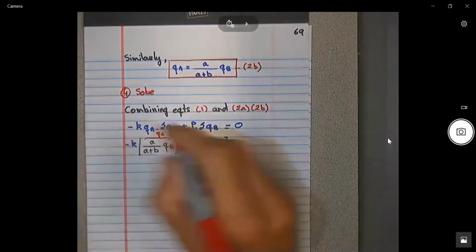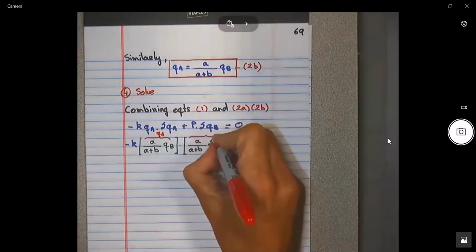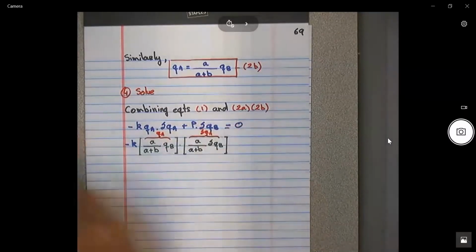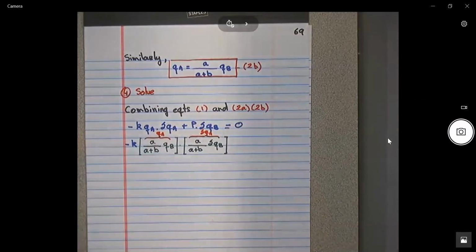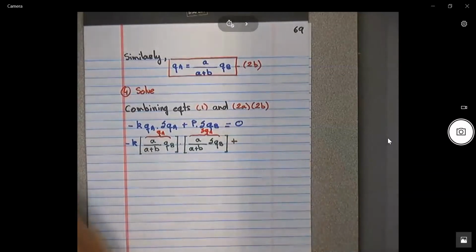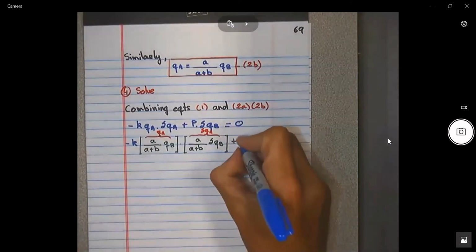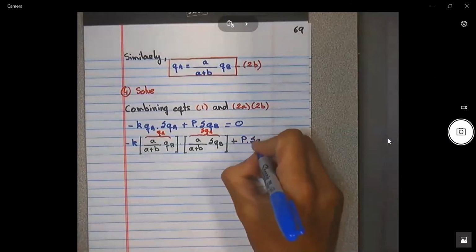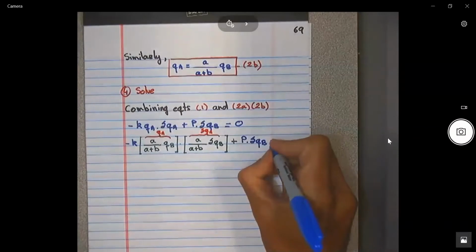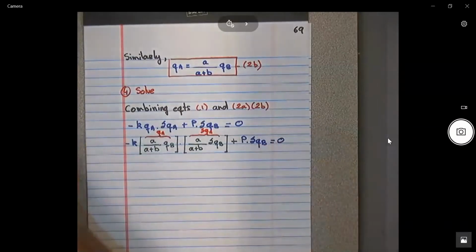So this will be delta q sub a, plus p delta q sub b equal to 0.